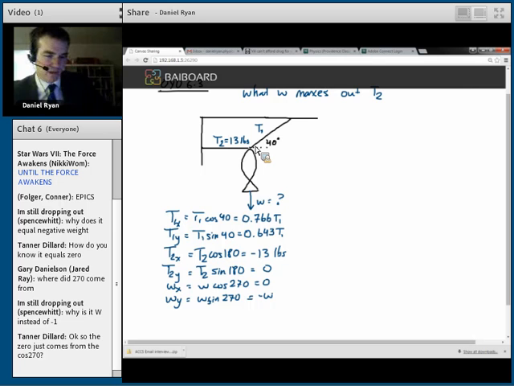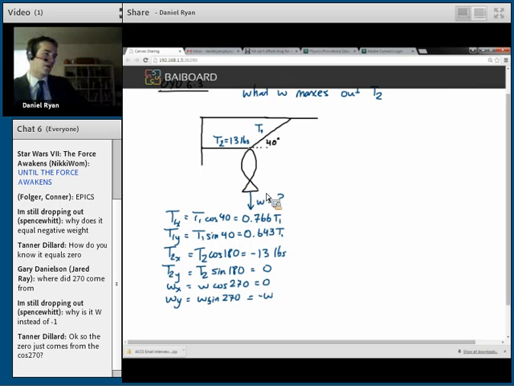Why is it w instead of -1? Yeah, because I'm searching for the w. So the w is the variable or the unknown that I'm trying to solve for. It's right here. W. I'm trying to find the x and y dimensions of the weight, and ultimately the weight is what I'm trying to solve for in the problem.